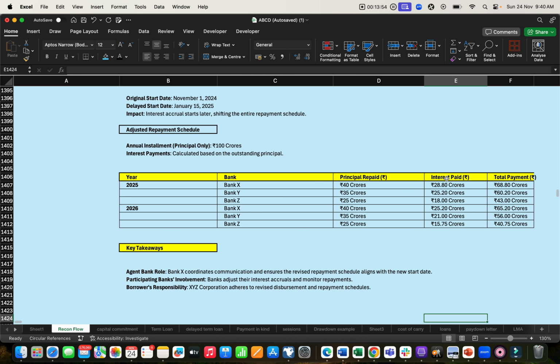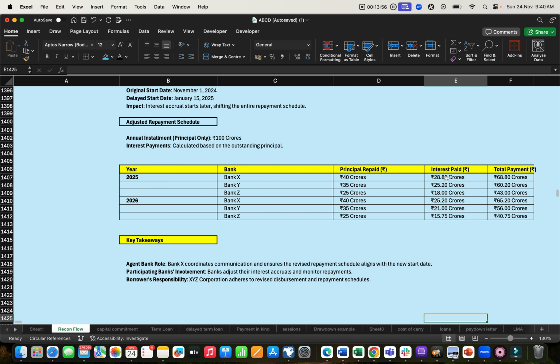So the key takeaways from this delayed term loan. Agent bank X coordinates, communicates, and ensures that the revised repayment schedule aligns with the new start date. Here it is delayed due to some regulatory issue, so the new start date has been aligned with this.